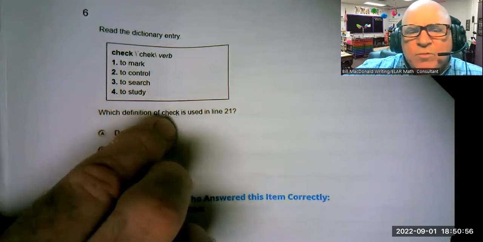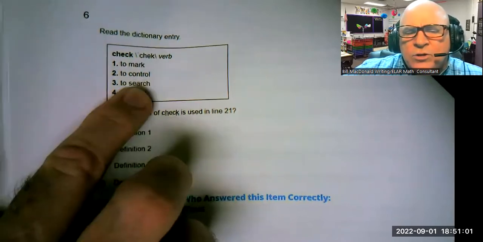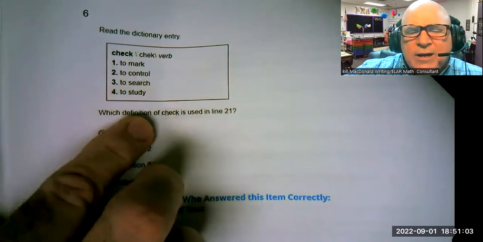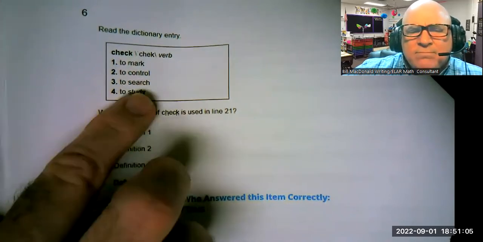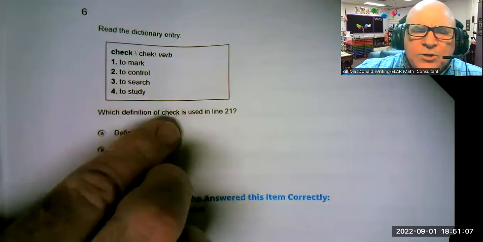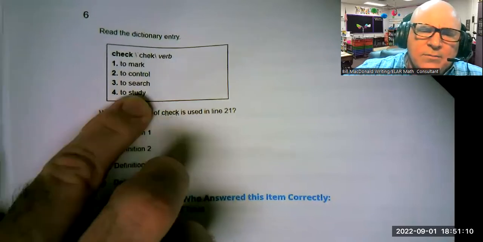I better search my backpack to be sure. To study, to check, to study. Check, study. Trying to figure out how to use that one. That's kind of a weird one.